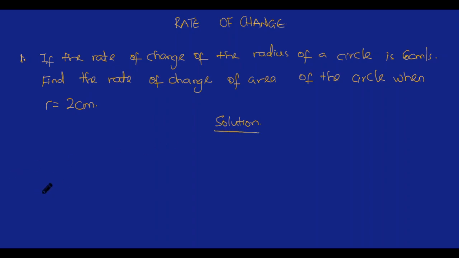So to obtain the solution for this, we've been told that the rate of change of the radius is 6 centimeters per second. And we also know that the area of a circle is equal to pi r squared. It means we can find the rate of change of area, that is dA/dt.